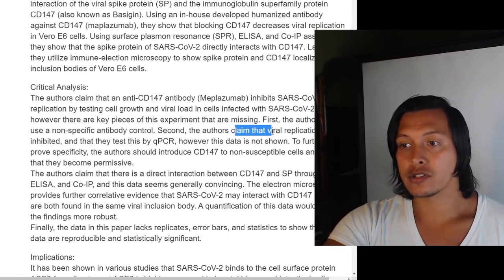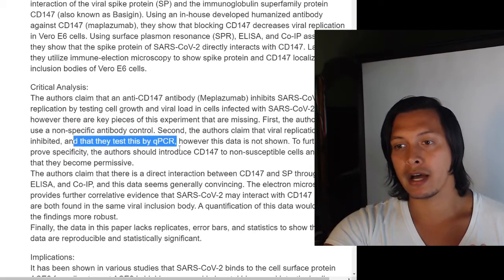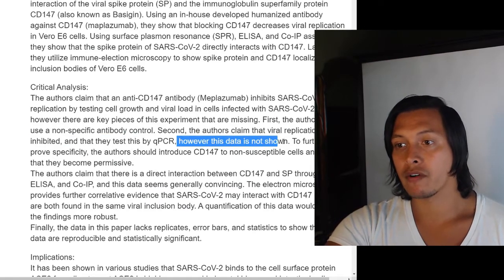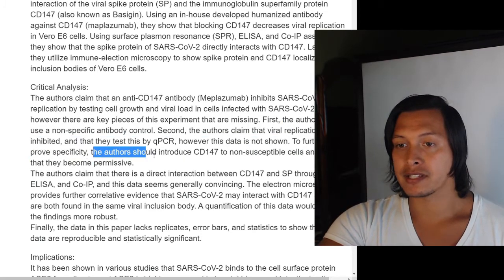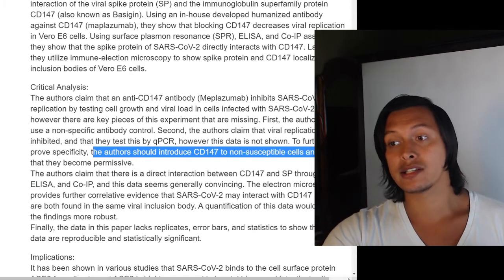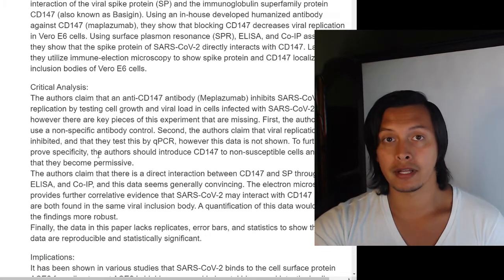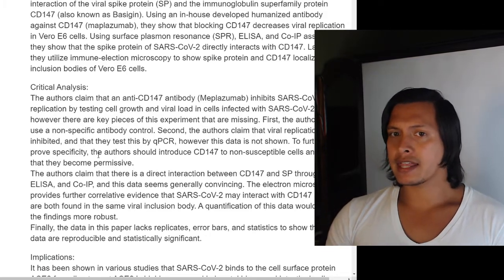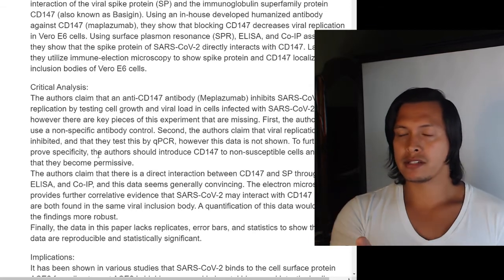And second, the authors claim that the viral replication is inhibited and that they test this by quantitative PCR. However, the data is not shown, so that's another strike against them. And to further prove specificity, the authors should introduce CD147 to non-susceptible cells and show that they become permissive. Granted, I think I might have seen this experiment later, not by this group.